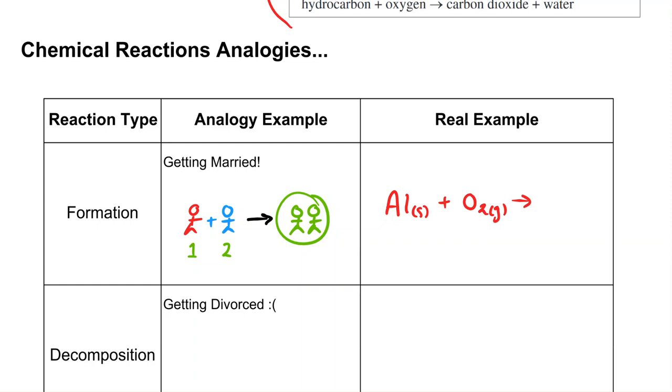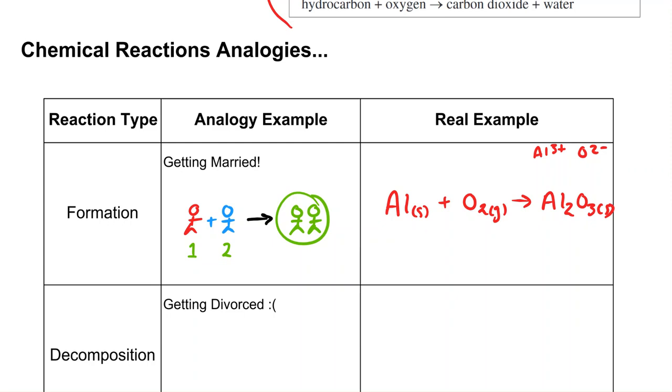Aluminum oxide is an ionic compound, so Al3+ and O2-. When I put those together, I get Al2O3 solid. Perfect. This is an unbalanced reaction, but right now that's fine. We're fine with unbalanced reactions just for the moment.